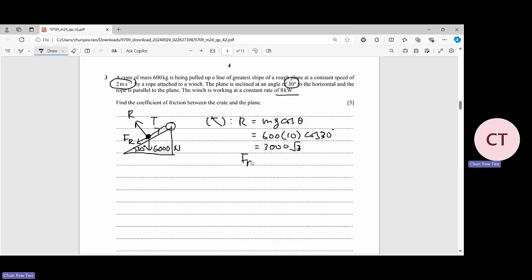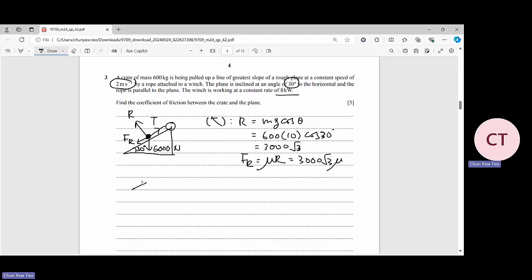Then your F_R is equal to mu R. You do not know the mu, so you just write 3,000 root 3 mu. Okay, so that will be the frictional force.